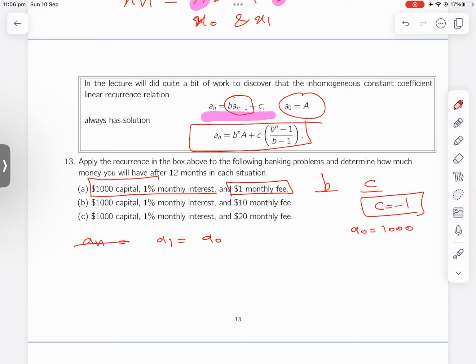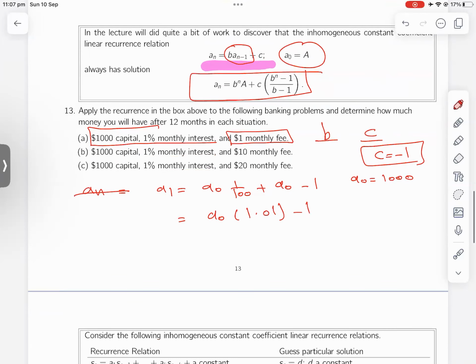It's written here as well. A0 times 1% plus A0 itself minus 1. So this will be A0 times 1.01 minus 1.